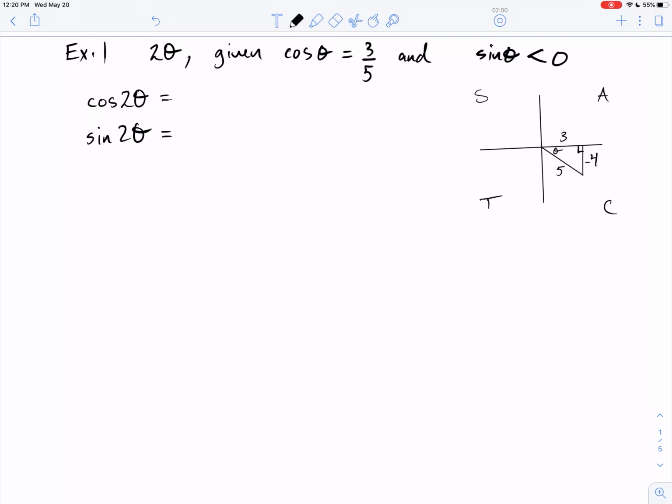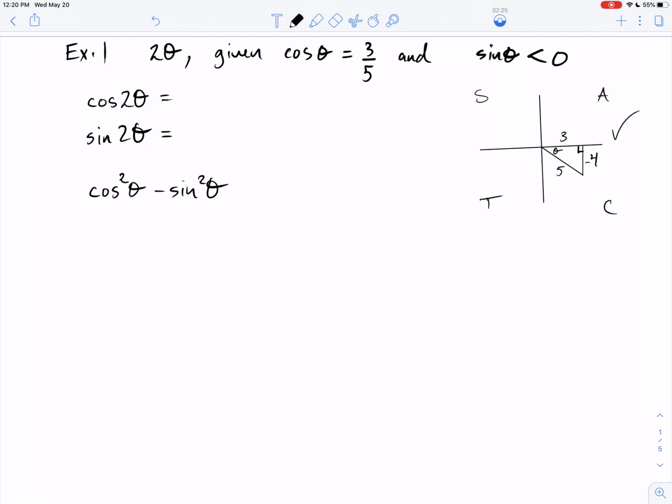So, what did they tell me? Cosine theta is 3/5. I used that information to find a reference triangle, and then I labeled all the pieces because for cosine 2 theta, I'm going to use this version of it. Cosine squared theta minus sine squared theta is equal to cosine 2 theta.